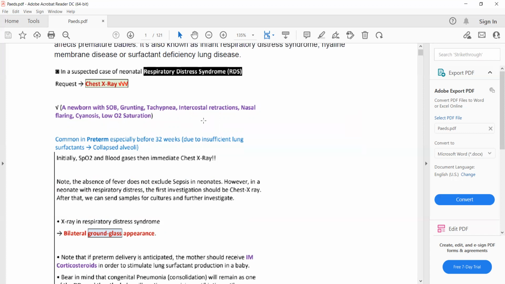So, a newborn with SOB, grunting, tachypnea, intercostal retraction, nasal flaring, cyanosis, low oxygen saturation. If these features are present in a newborn baby, then we suspect a respiratory problem.